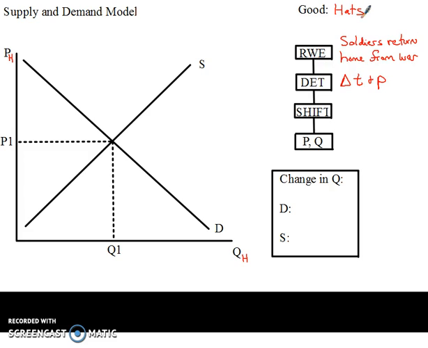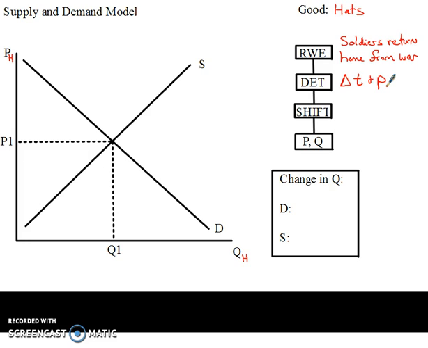So, prior to World War II, people wore hats at this equilibrium price. People were buying and selling this many hats. After the war, soldiers come home with a change in tastes and preferences. They don't like hats as much as they did before. And again, I'm trying to guess why. I don't really know why. That's not what economists do.